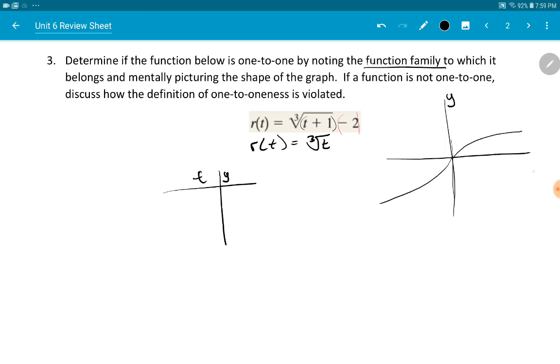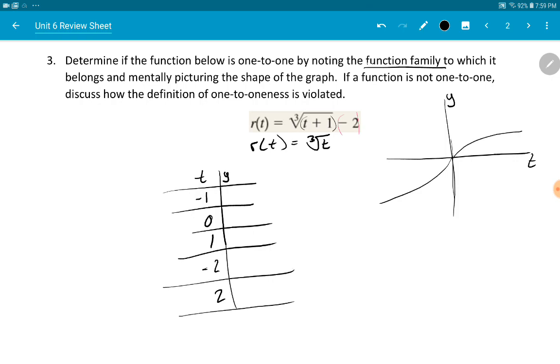This is my y-axis, my t-axis. I think 0 is always a good one. Let's do 0 and maybe -1 and +1, and maybe -2 and +2 also. Hopefully just doing a couple points will jog my memory of what that looks like. So let's pretend I don't have that in my library of knowledge.